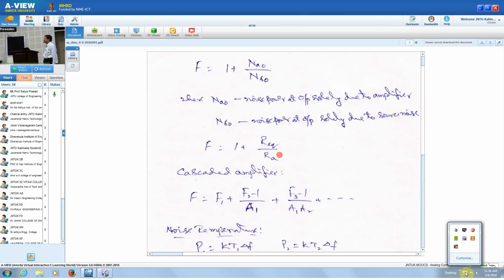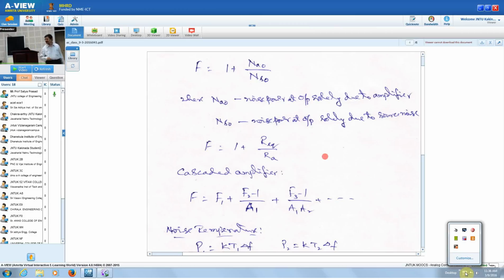So we put it as R equivalent, so this noise figure F we can also represent as 1 plus R equivalent by RA, where RA is the antenna resistance and R equivalent is, along with our antenna, the overall noise equivalent resistance. So this is another way of obtaining the noise figure.